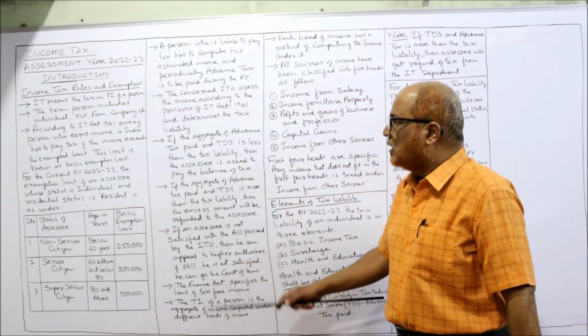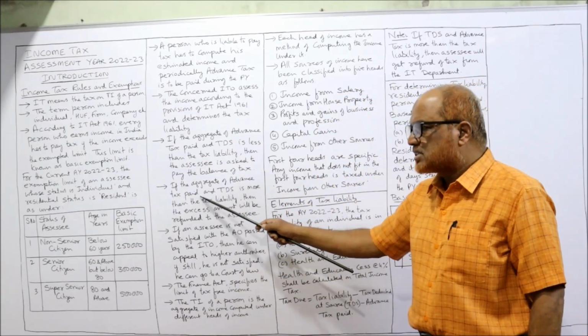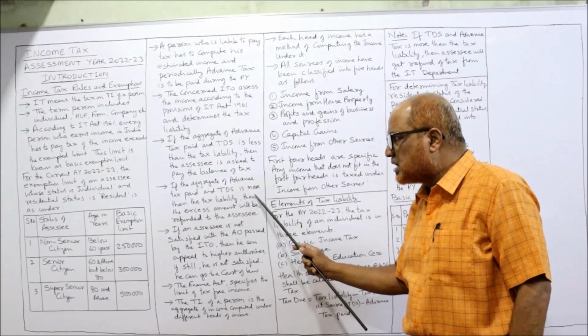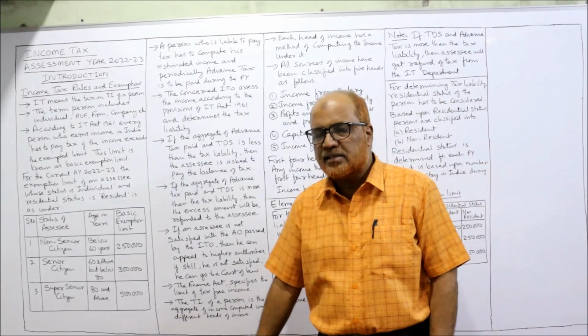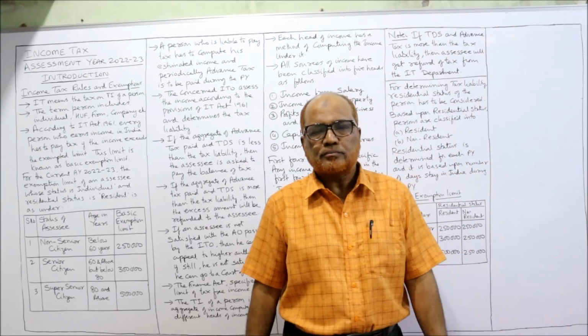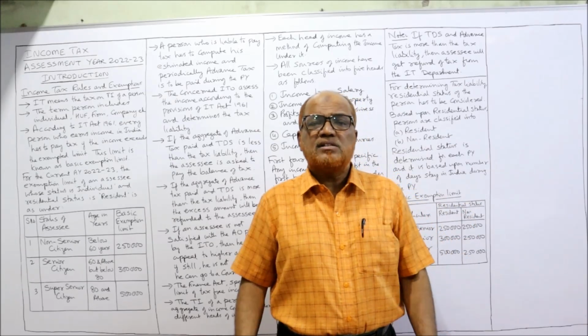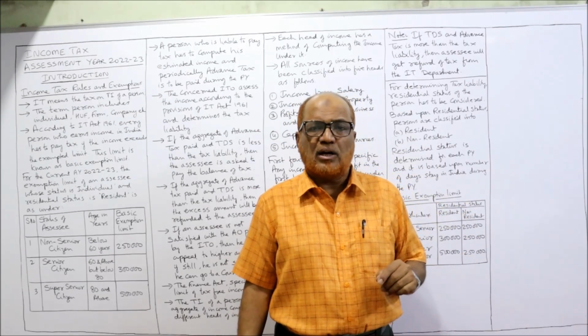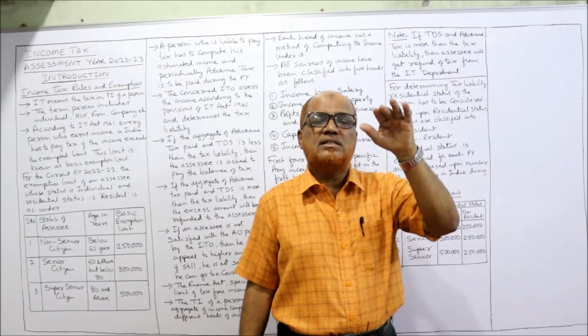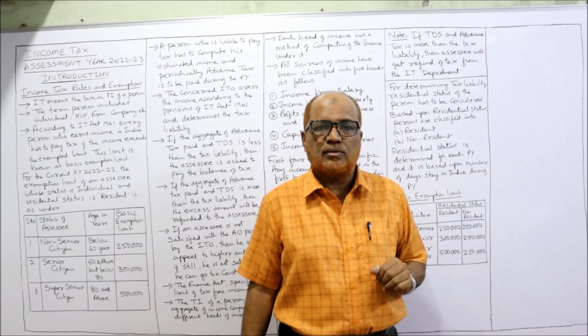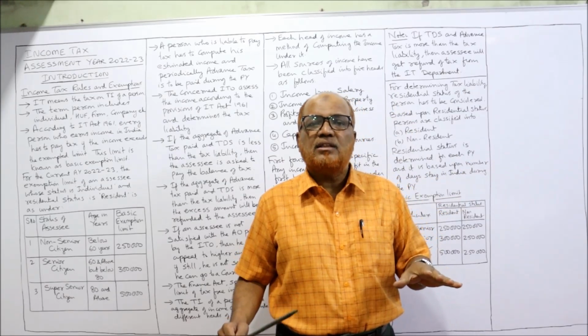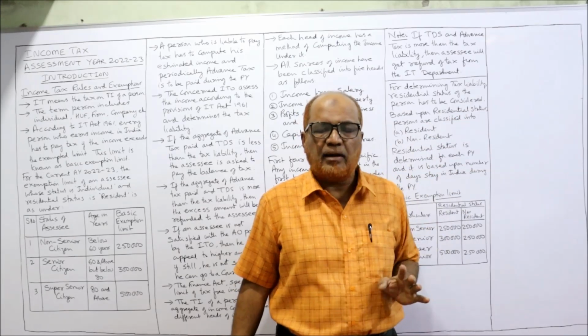That is the procedure. Now, if the aggregate of advance tax paid and TDS is more than the tax liability, then the excess amount will be refunded to the SSC. The opposite. During the current previous year, I have paid advance tax 20,000. My employer has deducted TDS 50,000. The total 70,000 rupees already I have paid.